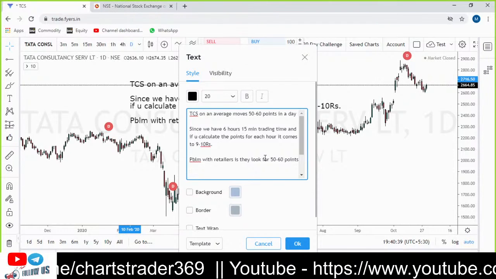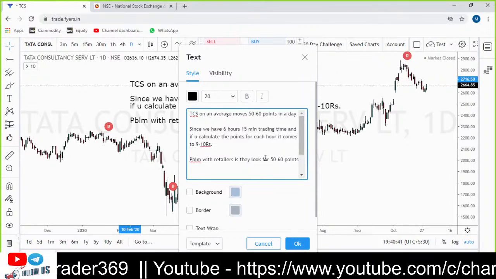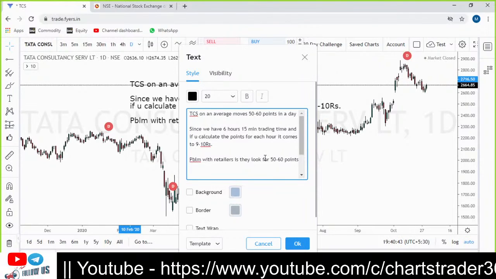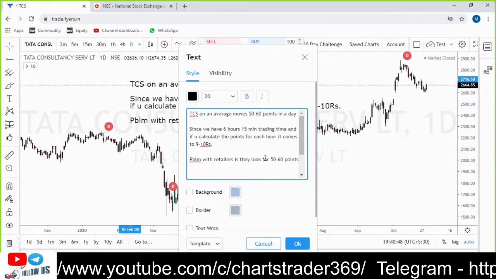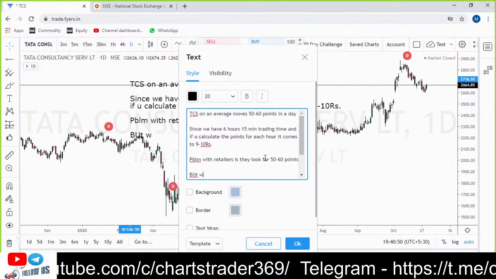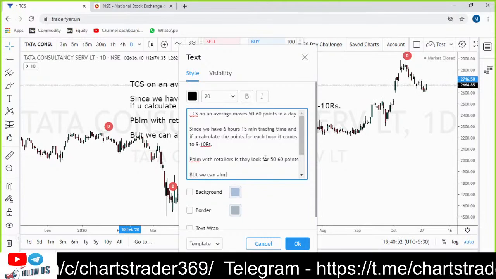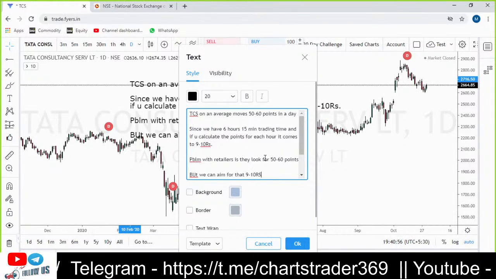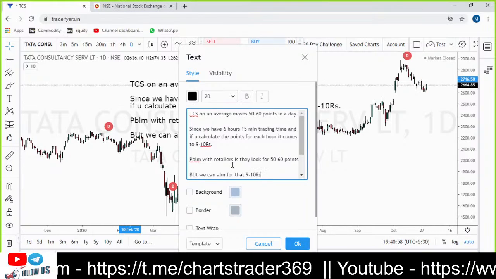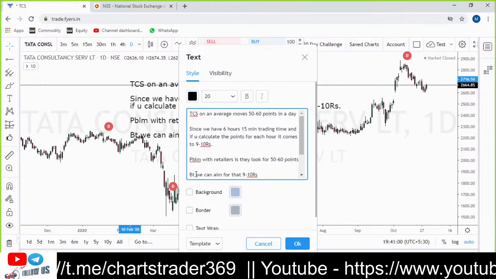It is not for the hour you entered. You entered somewhere at 11 o'clock or 12 o'clock or 9 o'clock, whatever it is. You cannot catch that full 50 to 60 rupees, but we can aim for that 9 to 10 rupees, which on an average it will give for 1 hour. Do you agree with this point?